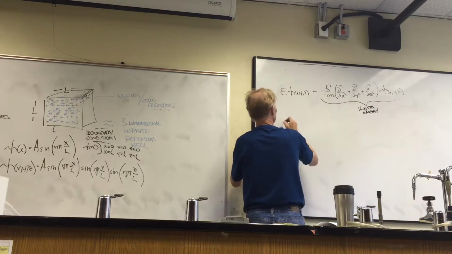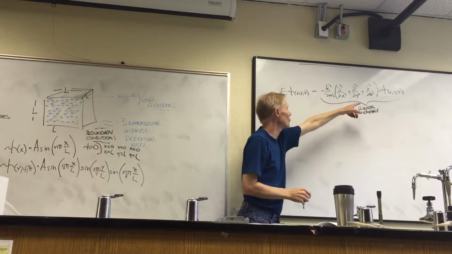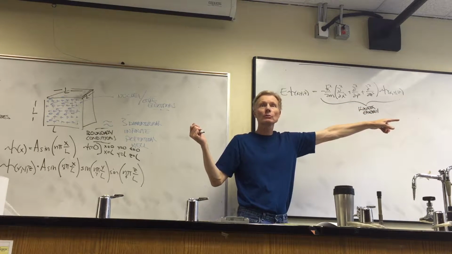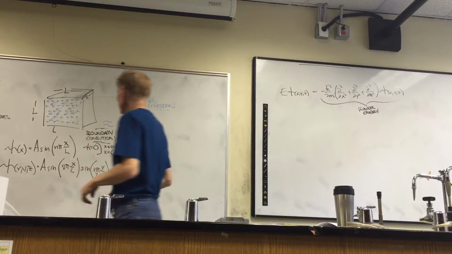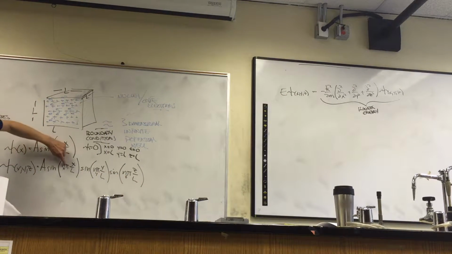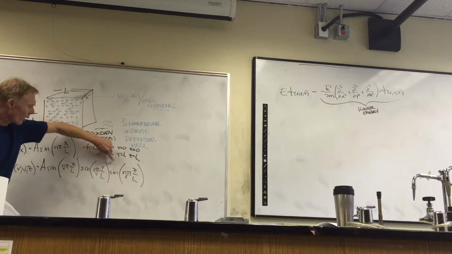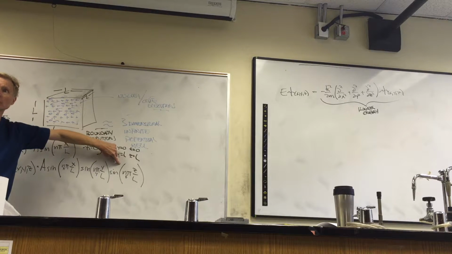What do I get for the energy? What do I get when I take second derivatives of this wave function? If I take a partial with respect to x, how is that going to affect the y and z parts of the function? It won't, right?